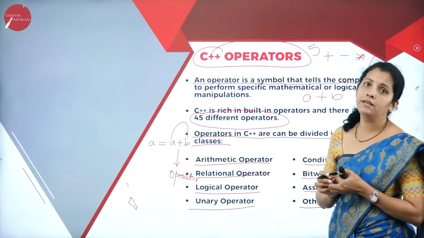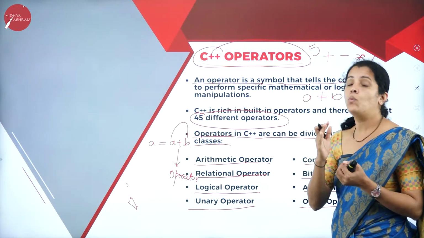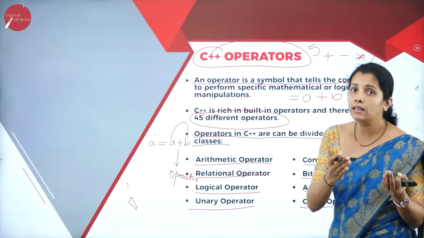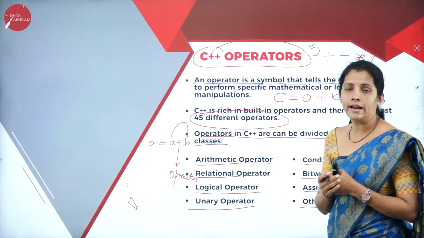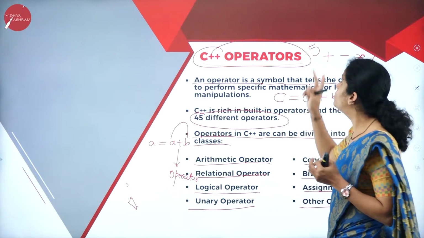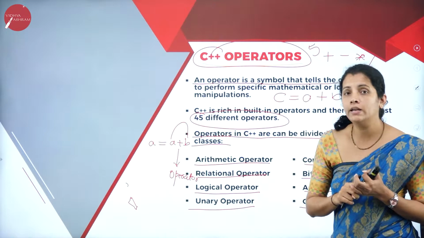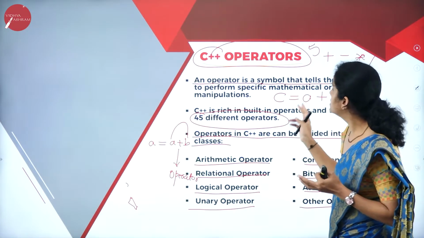After adding A plus B, I want to store the result in some other variable. So this is another operand. I require two operands to place the operator, and I place the operator in between the two operands. This is the example.